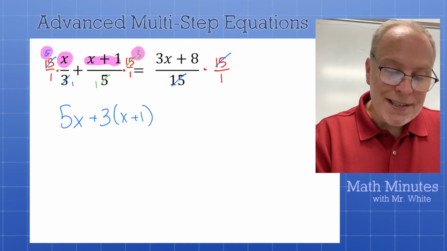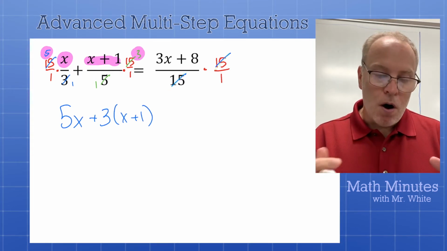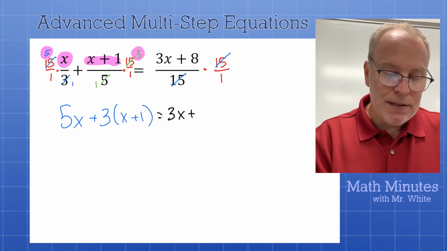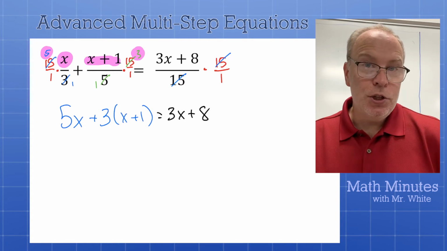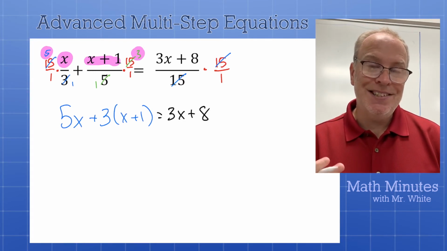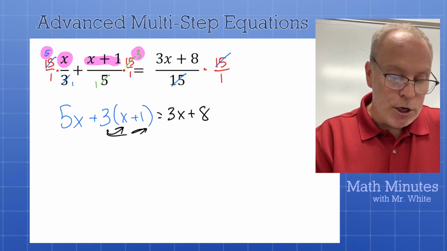And then on the right side of the equation, we've canceled the 15s, so all that's left is that binomial 3x plus 8. And now, hopefully, it's smooth sailing. See, we've gotten rid of all the denominators. So once again, this is a nice technique for just nuking those denominators. I'm going to go ahead and launch my missiles here. 3x, speaking of nukes, right?